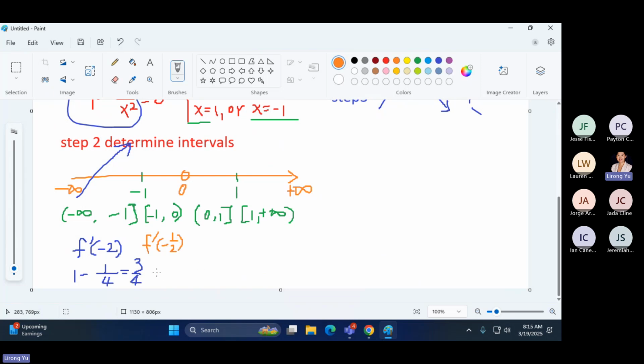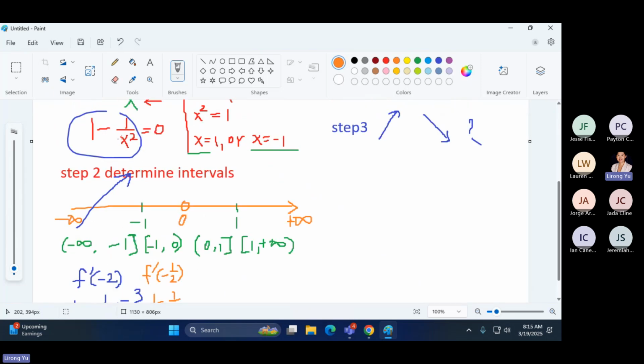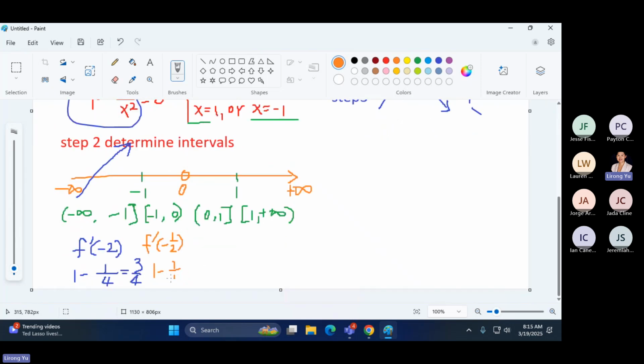That calculation is going to be 1 minus 1 over (-1/2) squared. If you square a negative number, it becomes a positive number. -1/2 squared is +1/4. 1 divided by 1/4 is 4. So this is actually 1 minus 4. Now 1 minus 4 is -3.